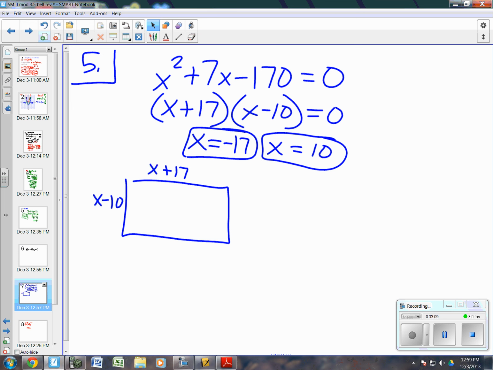Now, I'll give you a hint. Out of those problems, 5, 6, 7, and 8, one of them doesn't factor. So what do you have to use? You have to use a quadratic formula. Okay? Everybody look at 9, 10, 11, and 12.